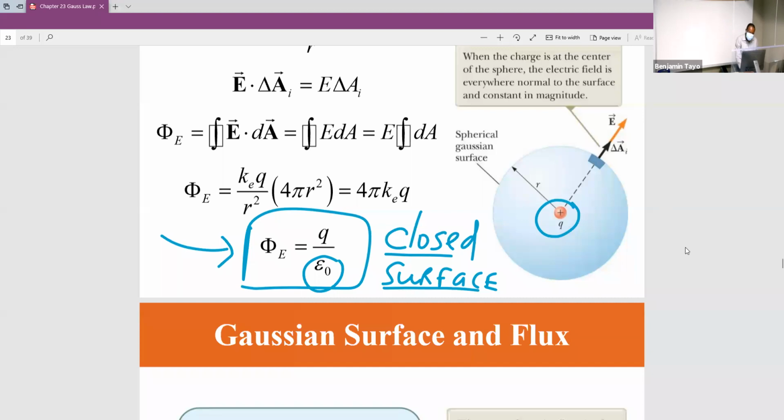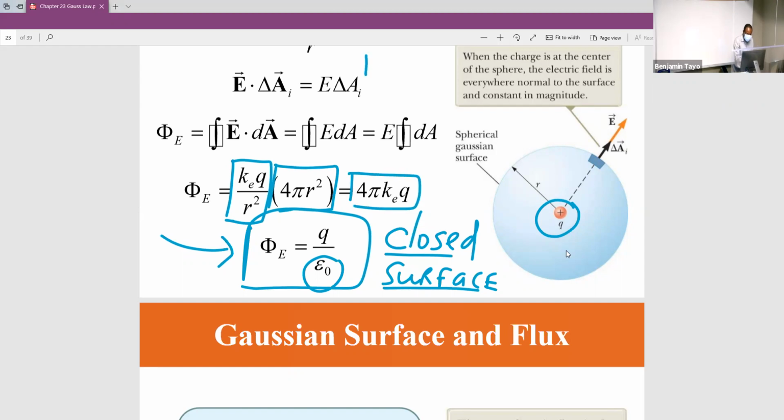And we can see this because if you take the electric field of a point charge, it's just this quantity here, multiplied by the surface area of a sphere, you get this quantity.